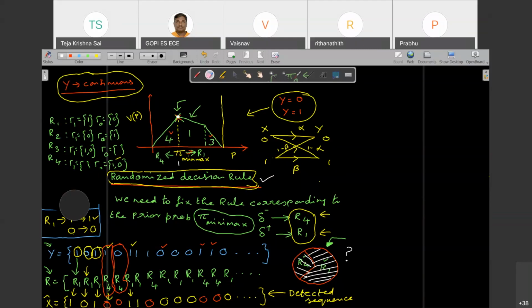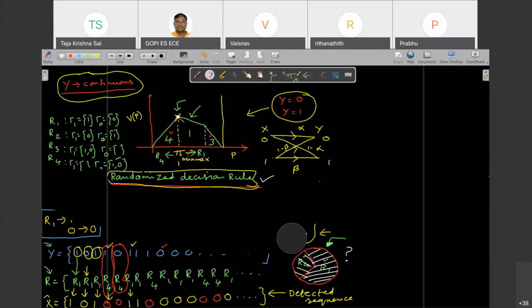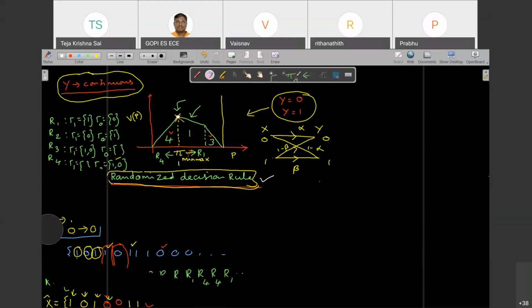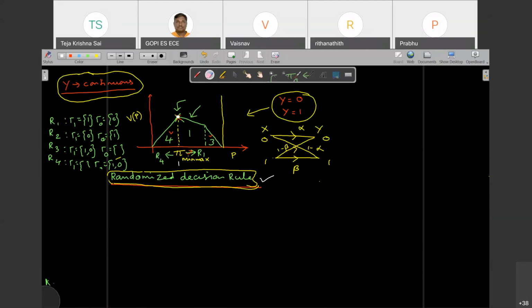So we are going to freeze it by equating the conditional cost function, because we know the minimax technique involves, as we understood in the previous discussion, the location of the prior probability where the conditional costs are equal, right?